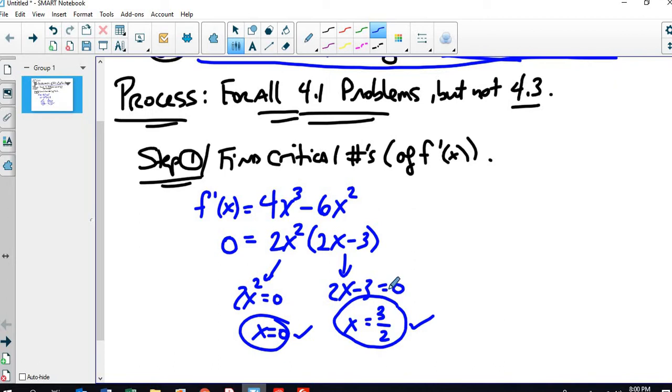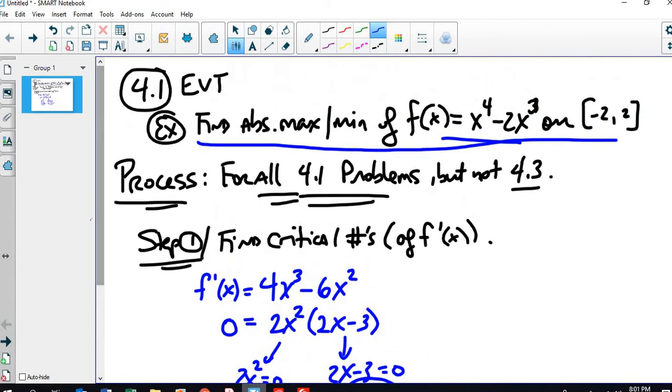Maybe we need to check them. Why maybe? Because if you remember, we are now operating on a closed interval, the interval from -2 to 2. And so if I get a critical number that's not inside this interval, I don't care about it, because as far as I'm concerned, I'm just looking at the function f of x equal x to the fourth minus 2x cubed from -2 to 2. That's all I care about.